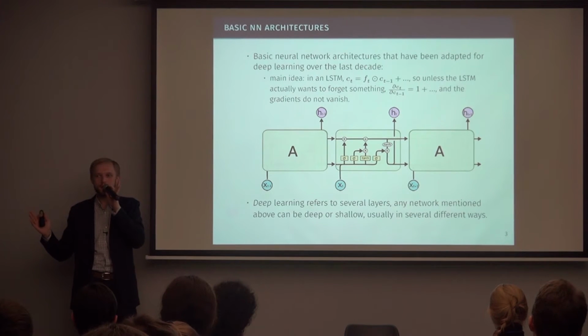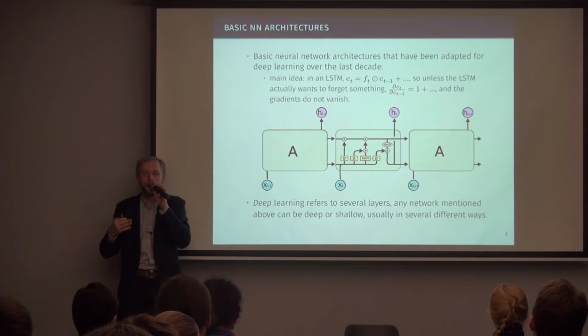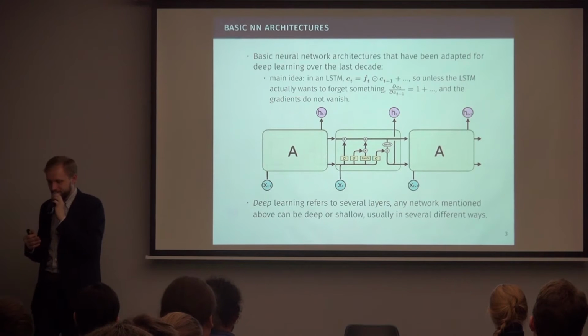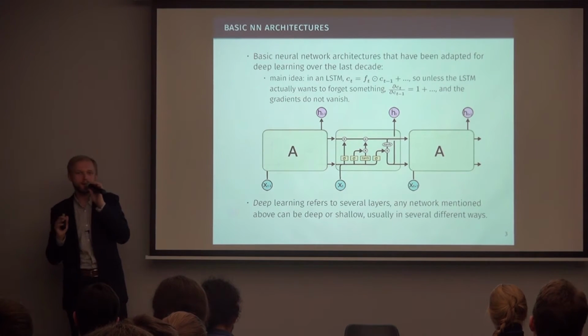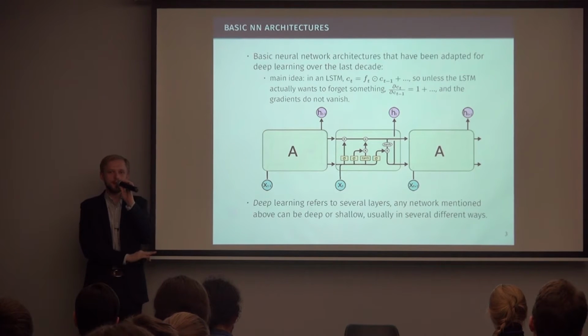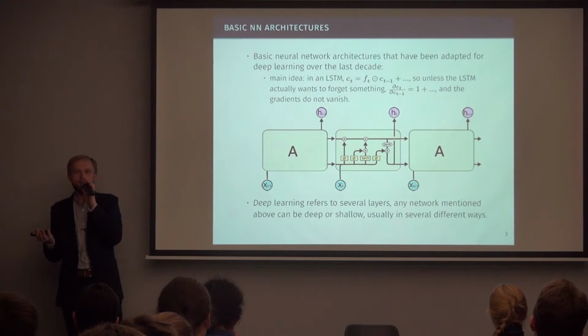Sure, people have introduced new stuff. We have new regularization, we have dropout, a very important new idea, and batch normalization and many other tricks. But basically, the basic architectures have been with us for a long time. Only now we have both the hardware and the data to train them.